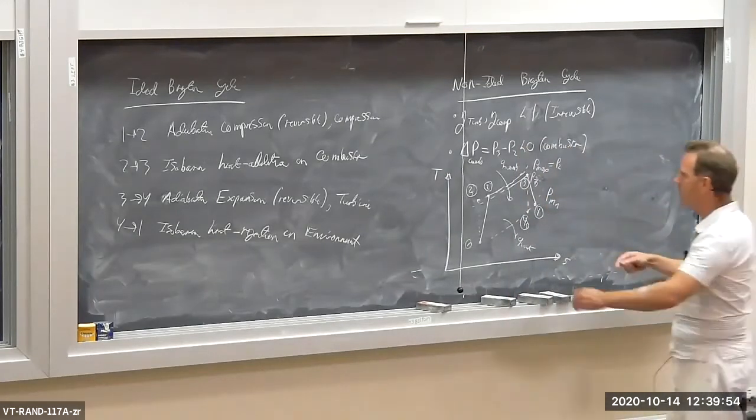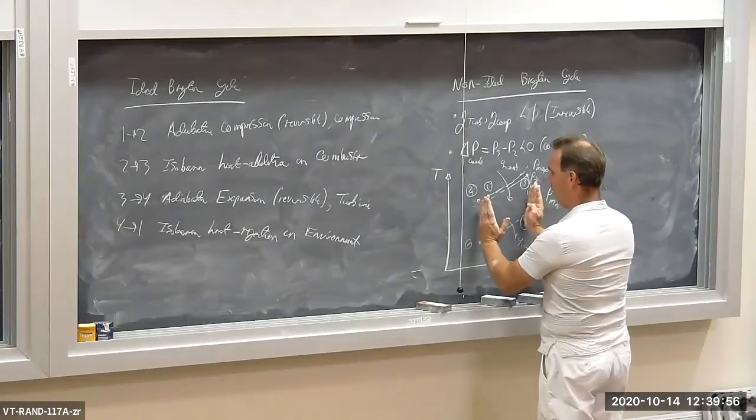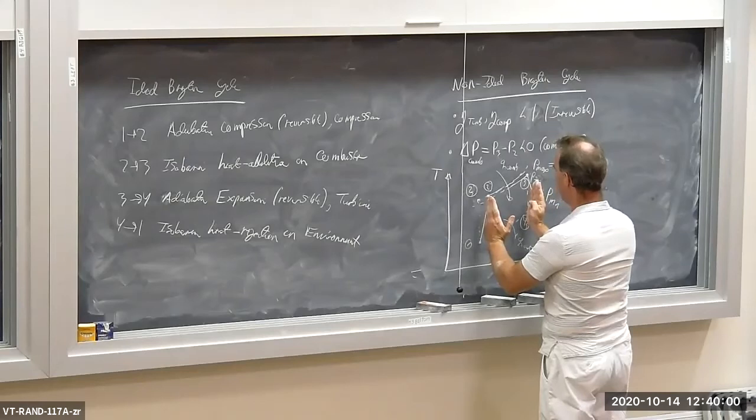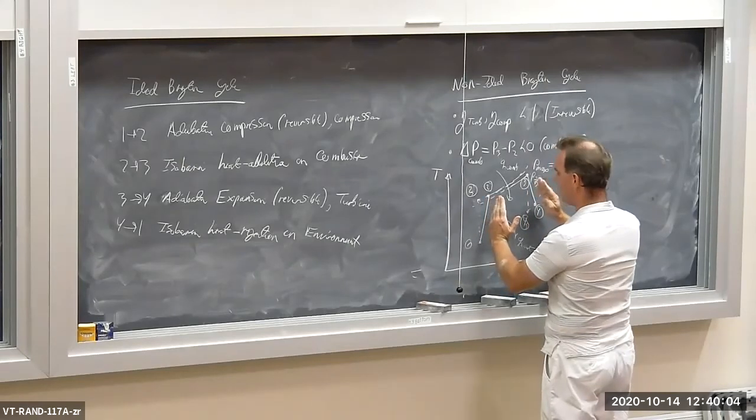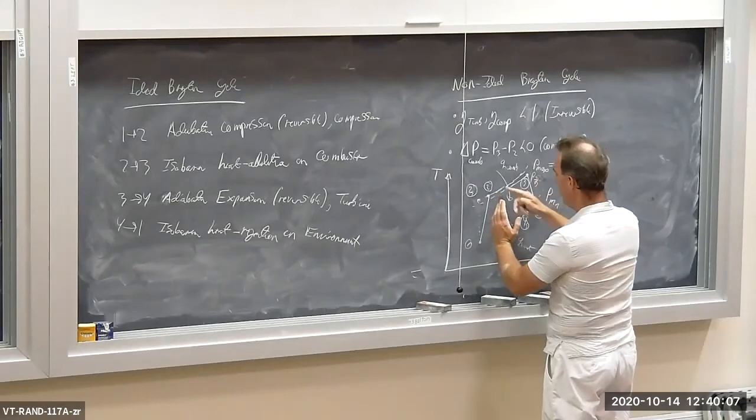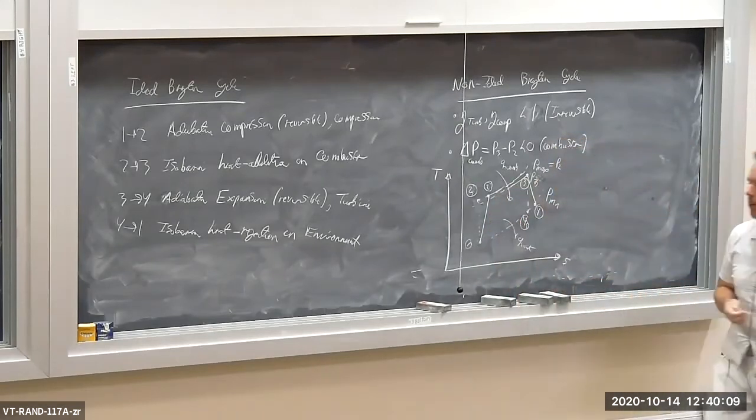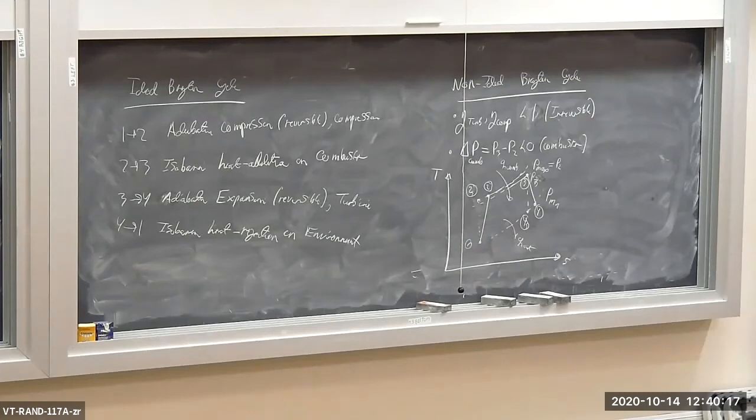So the ideal process would have vertical lines for the compression and expansion process in the compressor and turbine. The real processes have a delta S because they're irreversible. And then we maybe have a pressure drop in the combustor. So that's what the TS diagram looks like for a non-ideal Brayton cycle.